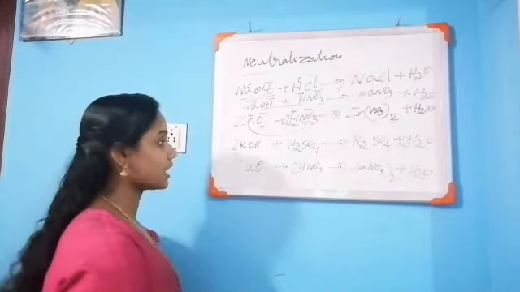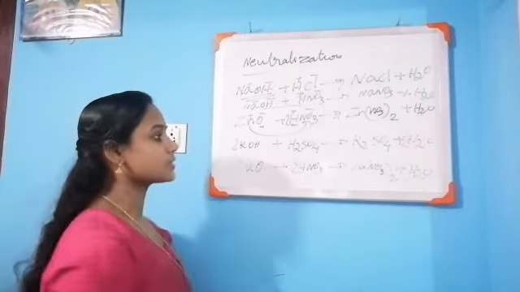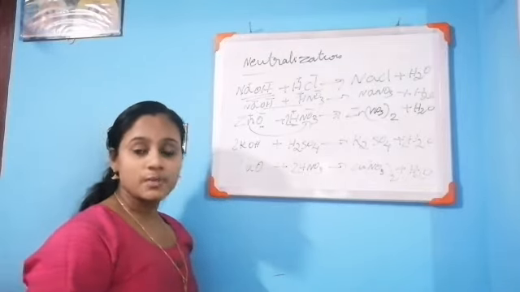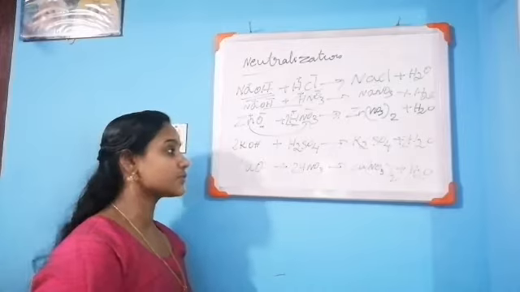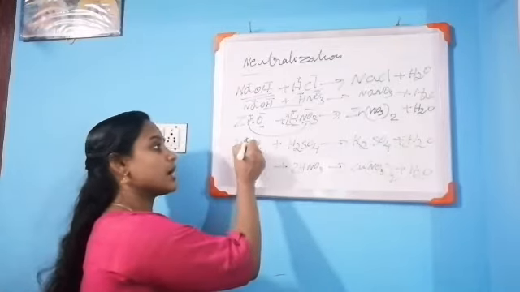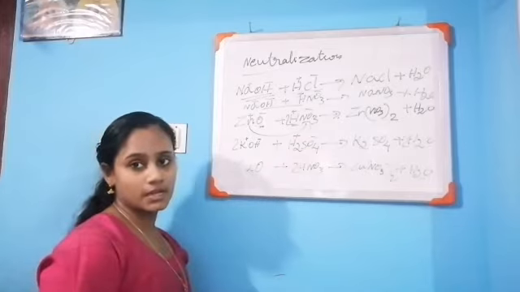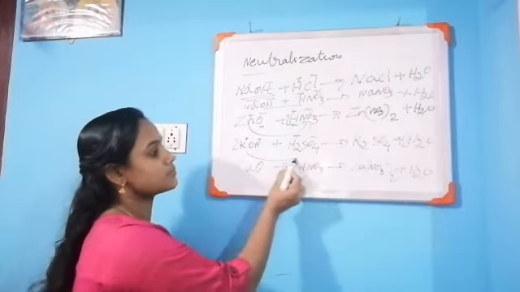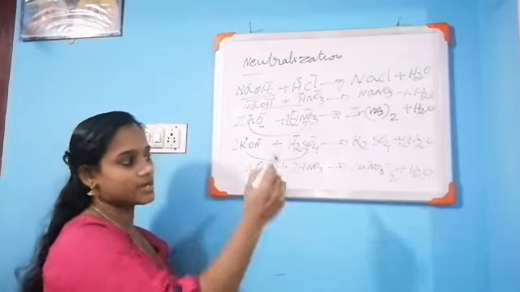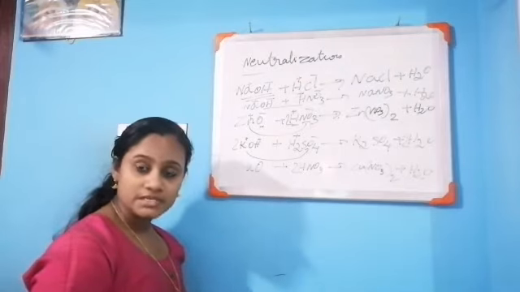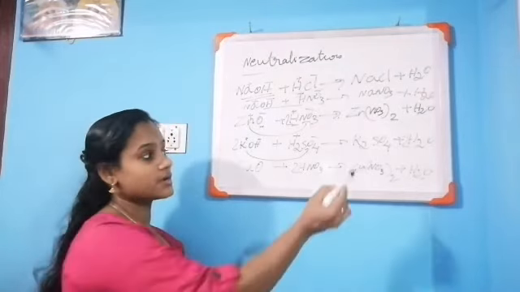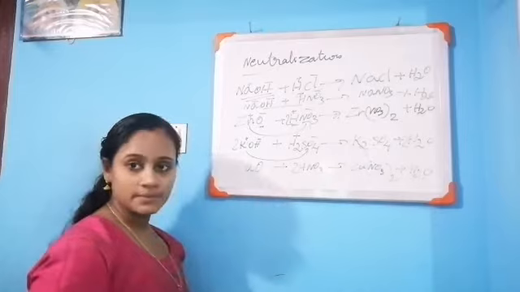That's your duty. Then potassium hydroxide reacts with sulfuric acid. Potassium is positive, hydroxide is negative, hydrogen is positive, sulfate is negative. Potassium combines with sulfate to form potassium sulfate. Sulfate valency 2, so we write 2 under potassium.